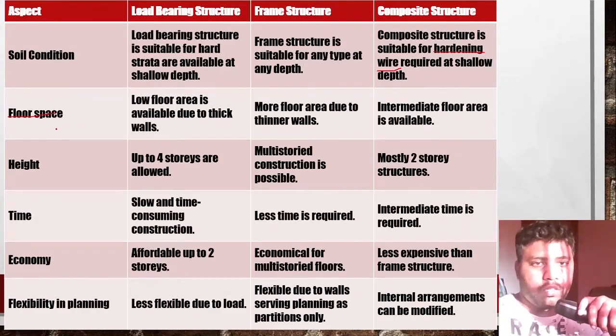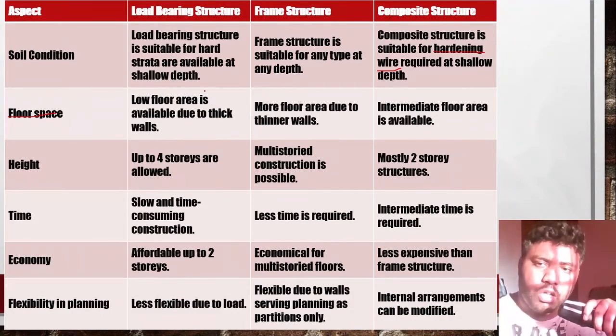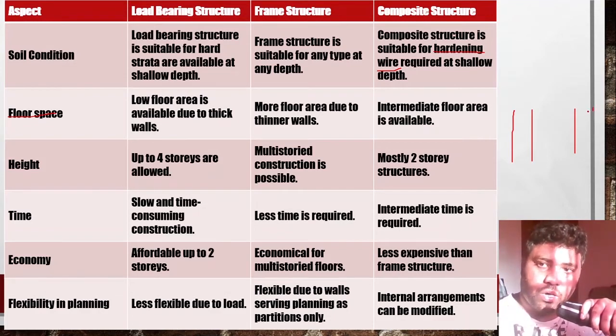The next aspect is floor space. Low floor area is available in load bearing structure because the walls carry the load, so the walls are constructed very thick, and the floor area is reduced. We get more floor area due to thinner walls in frame structure, but low floor area in load bearing structure.